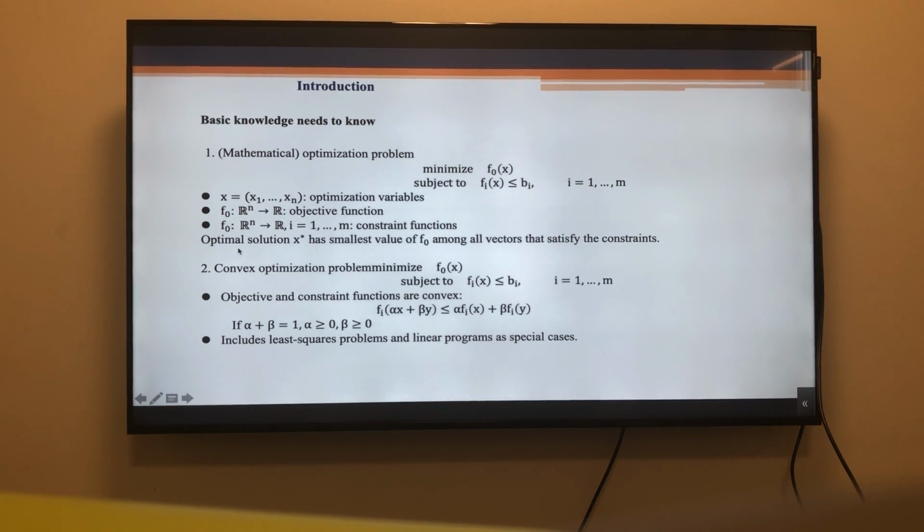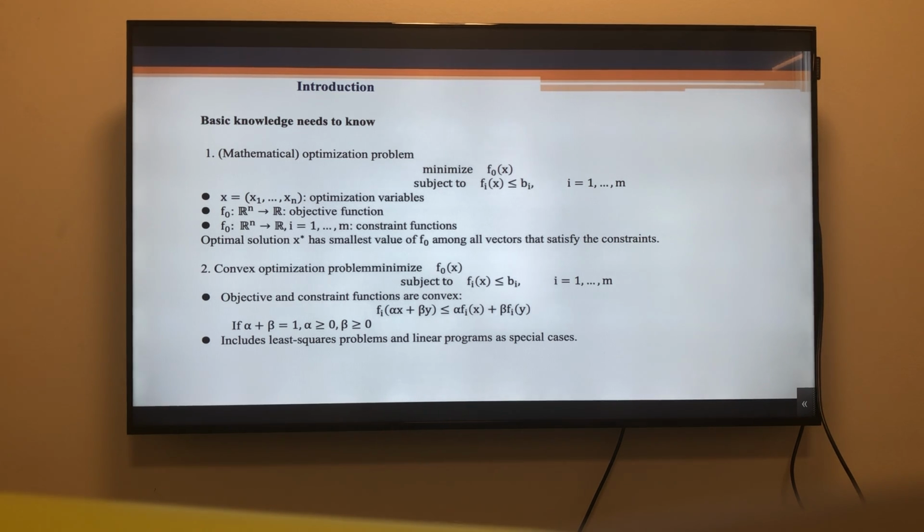The optimal solution x star has the smallest value of f0 among all vectors that satisfy the constraints.